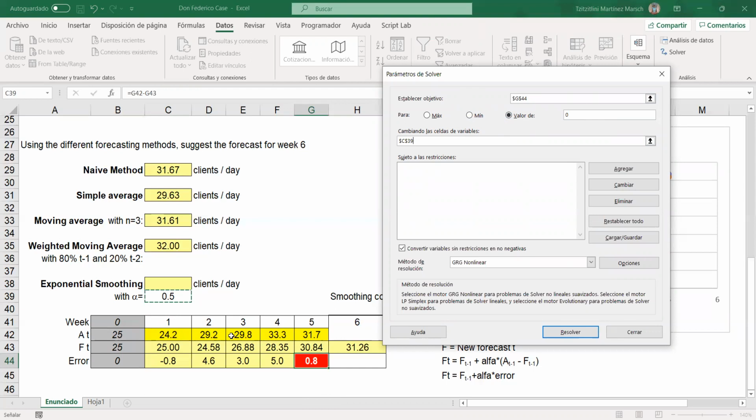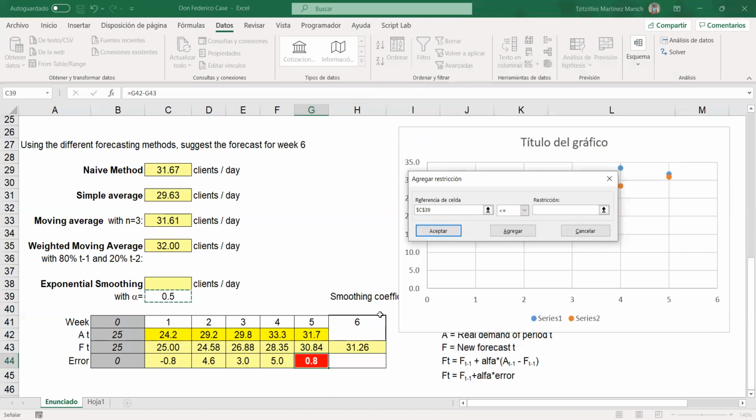Changing what? Well, I want you to change my alpha. I can't change my data. I can't change my actual information that already happened, but I want you to change my alpha. Find the right alpha so that this number, my error, is 0. What is it considering? Well, my restrictions are that my alpha, if you remember, has to be between 0 and 1.